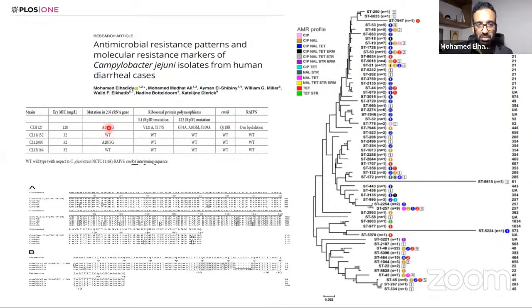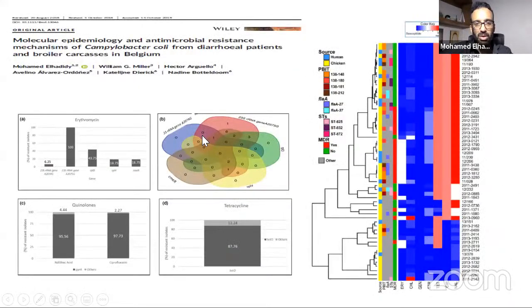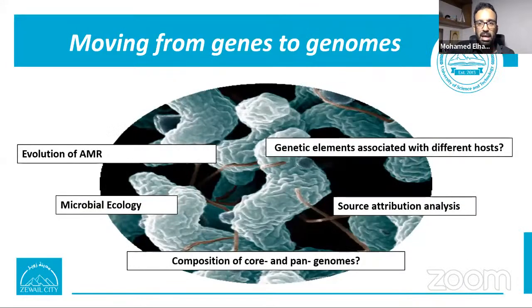But you can have mutations in the erythromycin resistance determinants as well, and also in the efflux pump. So this well-known method is actually fine, and we used it maybe 10 years ago in characterizing Campylobacter resistance determinants, and also in understanding the epidemiological history of this bug.